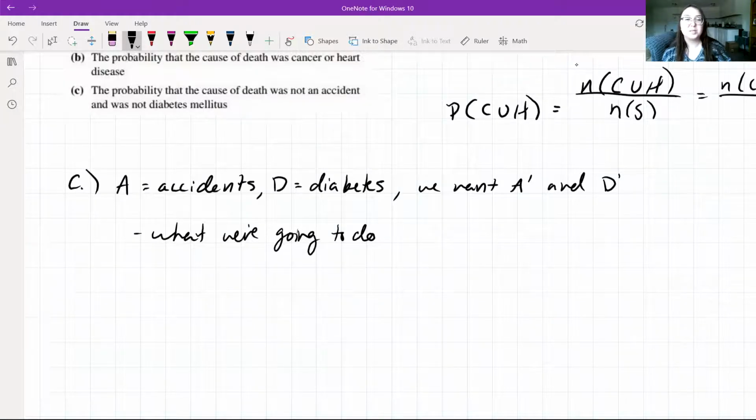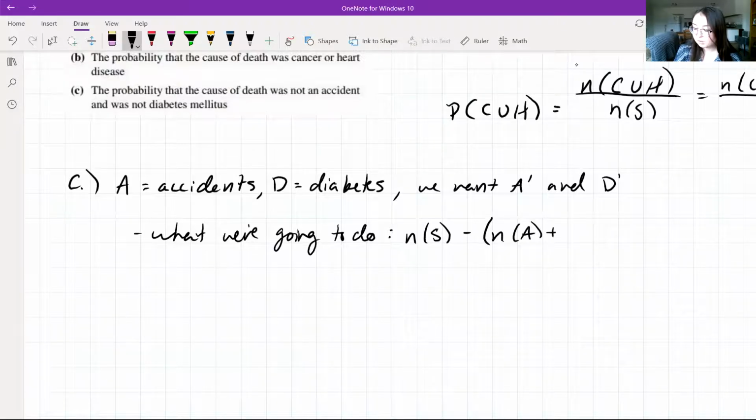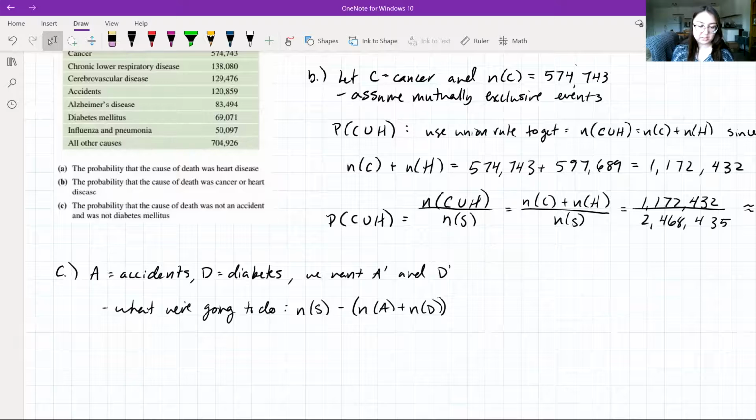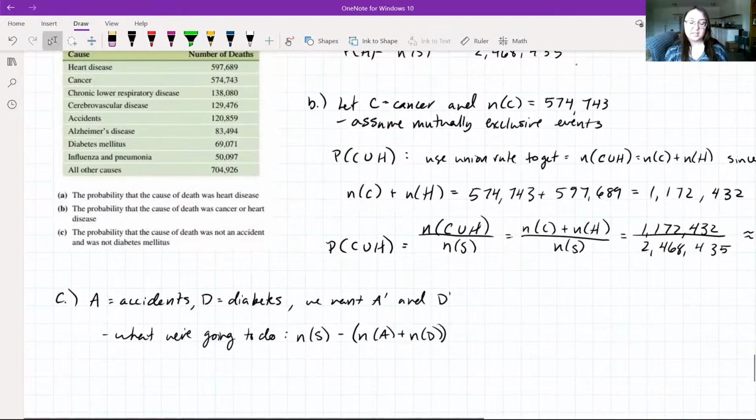Since we know that those are the certain numbers of those deaths, we're just going to take them out of the equation. So we're going to take N of S and subtract N of A plus N of D. And this is going to be an easier way that we can do this. And this is also a way that we can just think logically, because if we're thinking of really anything other than having diabetes or it being an accident, then what we're considering is everything else.